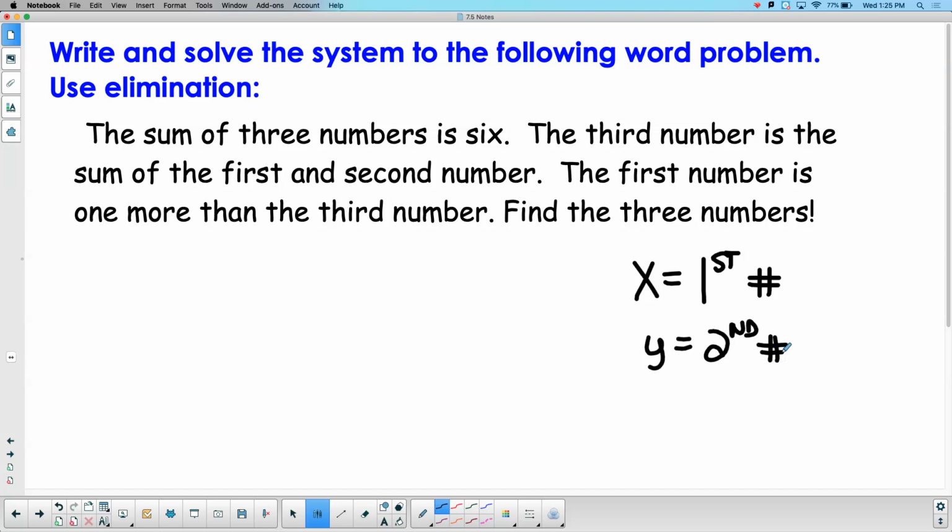Third number. Okay. Now we can write our equation. Give me one.